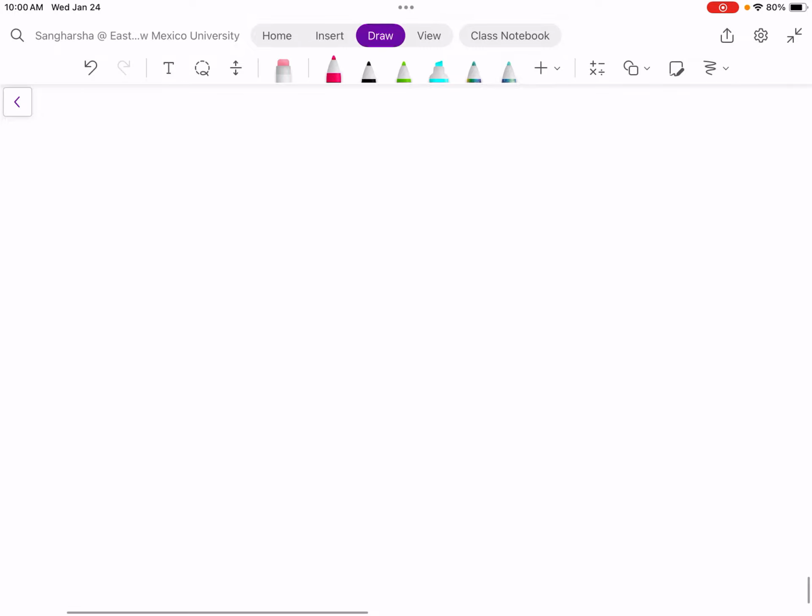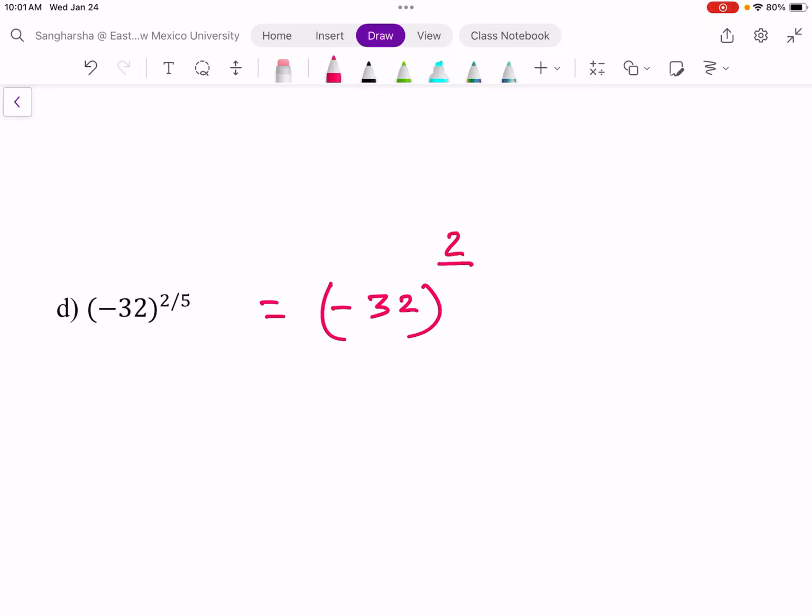And the last example for this one is negative 32 to the power 2 over 5. Let's rewrite using a radical sign. So this is the same as negative 32 to the power 2 over 5. So we have a radical sign. What will be the index?